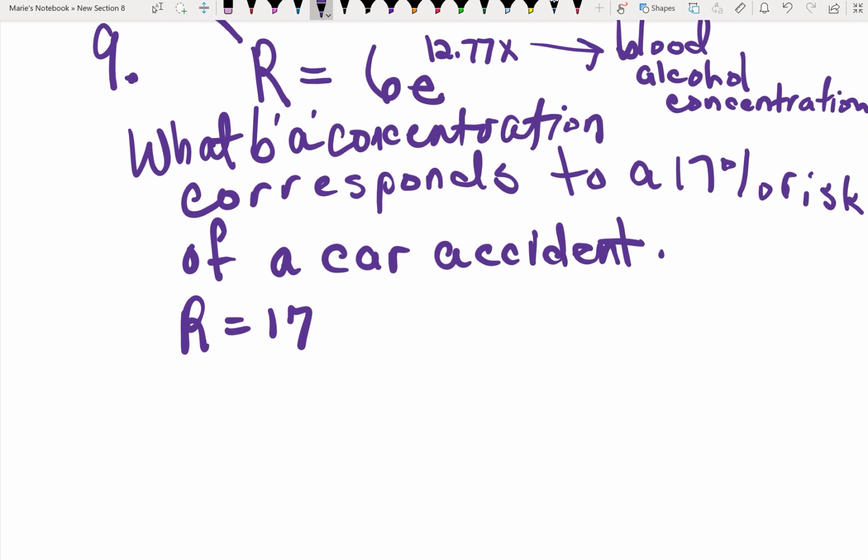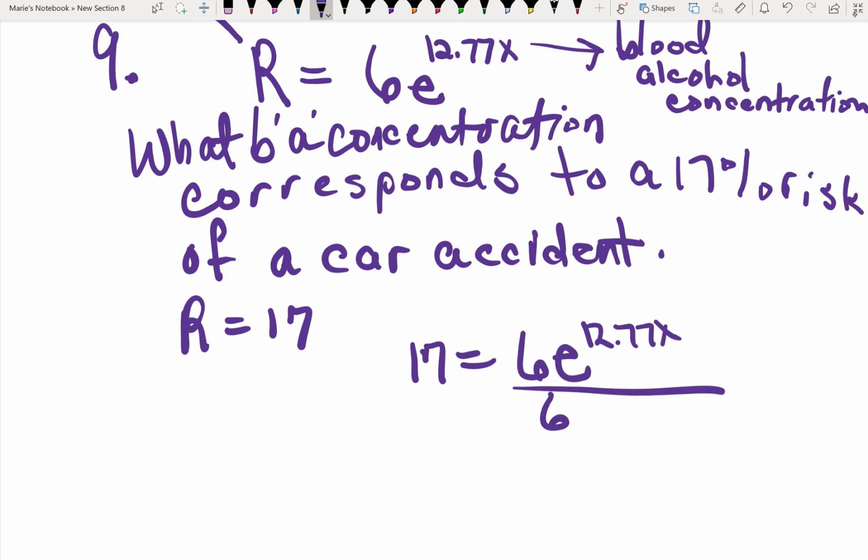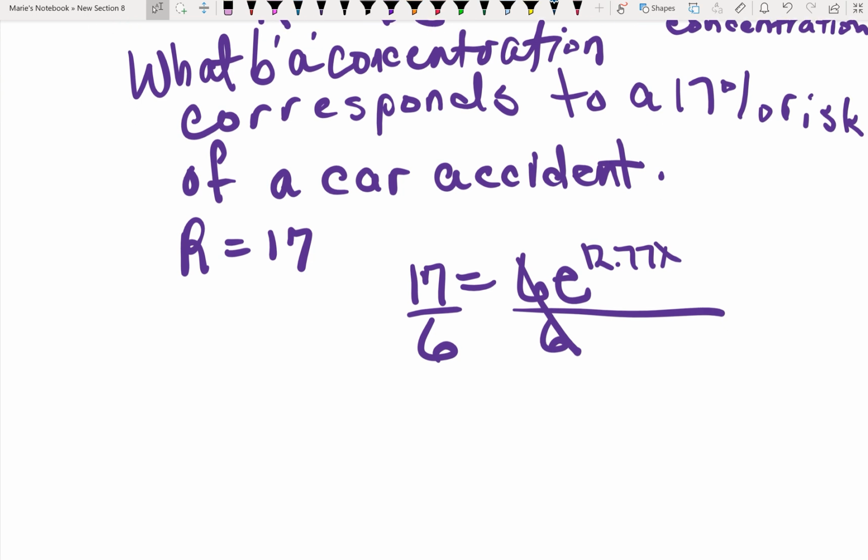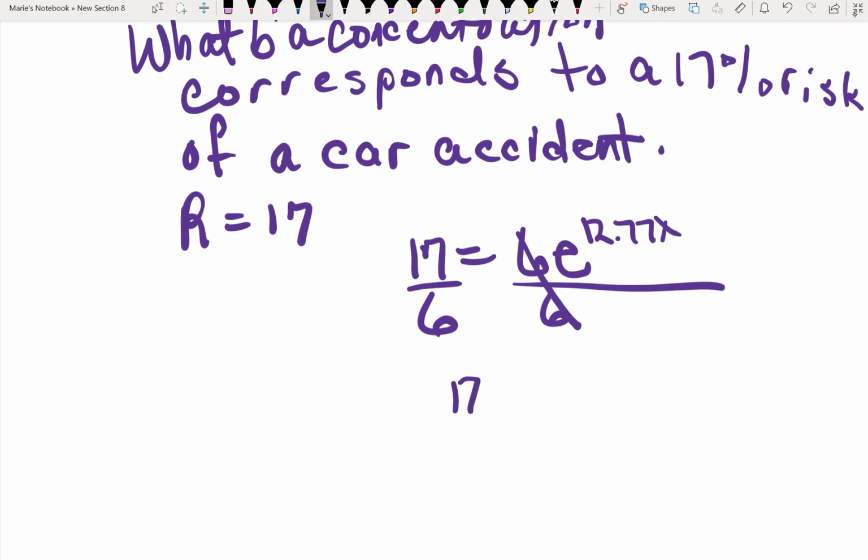At this point, it just becomes substitution, which is my point. So 17 is equal to 6e to the 12.77x. So step 1 is basically we're going to divide by 6 and bring it to this side, so that cancels. We are left with 17 over 6 is equal to e to the 12.77x.